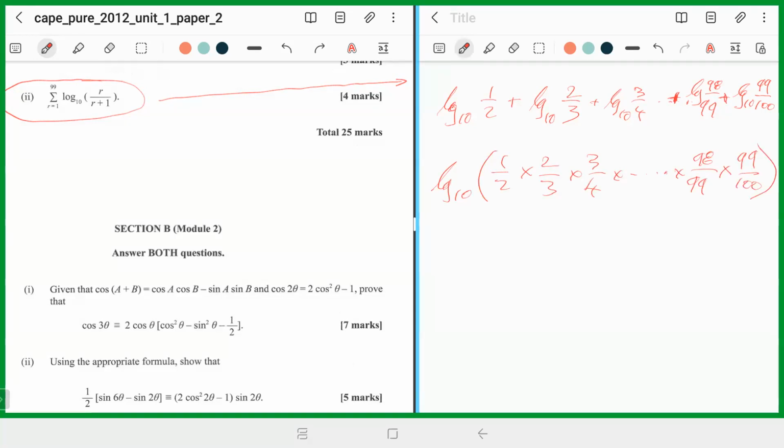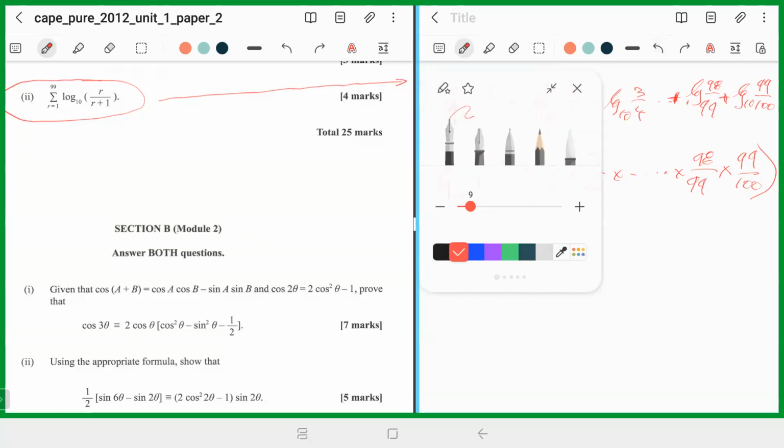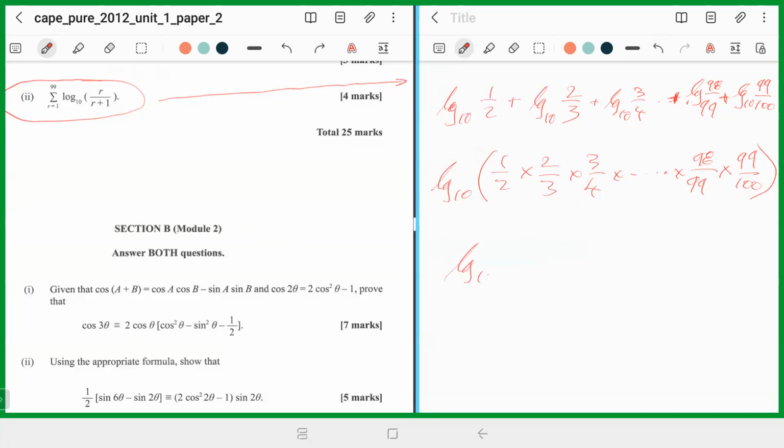And these values cancel each other. 2 cancels 2, 3 cancels 3, 4 cancels 4, 98 cancels 98 before that, 99 cancels 99. You're left with 1 over 100. It becomes log to base 10 of 1 over 100.